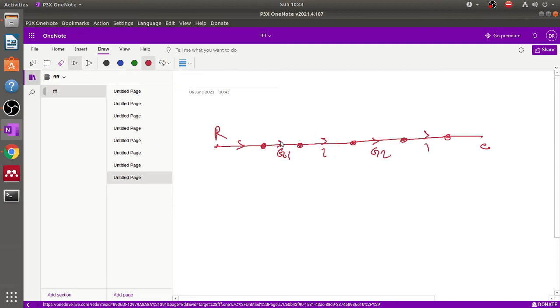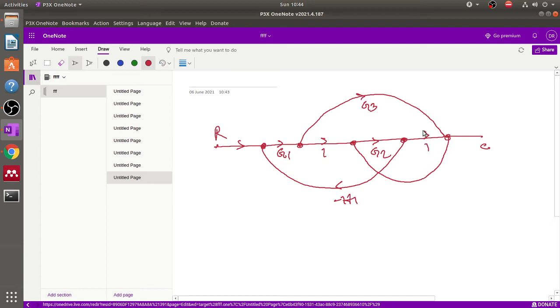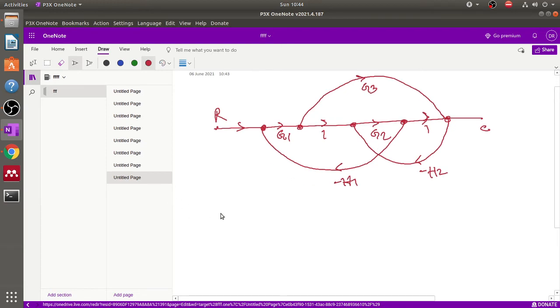Okay, so now from here to here, this is the parameter G3, this is G1, minus H1, this is minus H2.